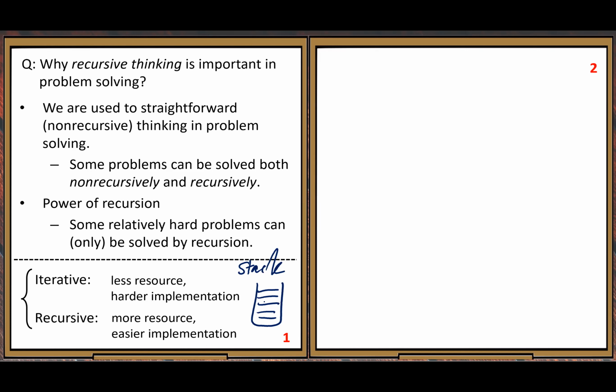In the recursion implementation, how is it done? Using the stack. You push the recursive function call into the stack, because the first time you call recursion, you cannot get an answer. You need to do many recursions to get an answer. If you cannot get an answer, you push it into the stack.